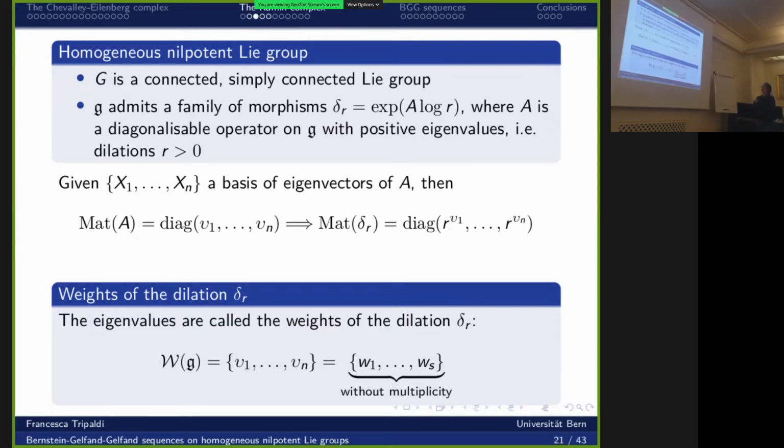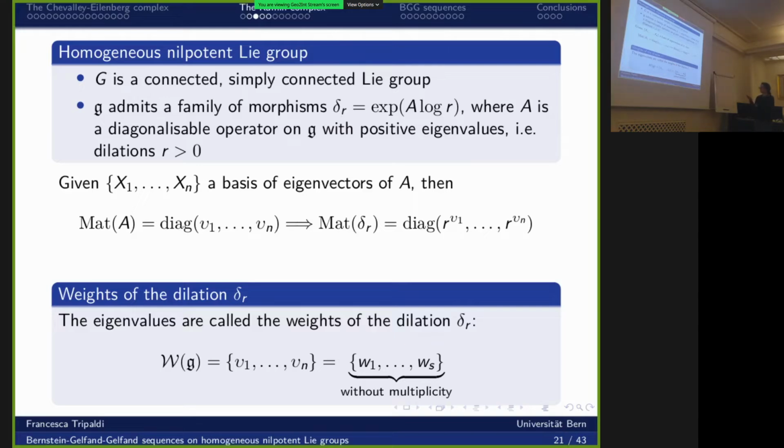So if you think of a Carnot group, like a two-step Carnot group, then you can consider the dilations that give the stratification, and you can fix the first one to be 1 and the second one to be 2, for example. It's not necessary for this to be 1 and 2. You can change them.